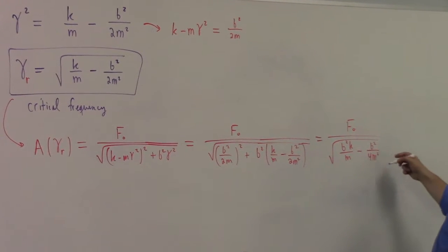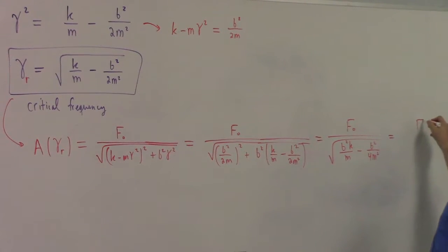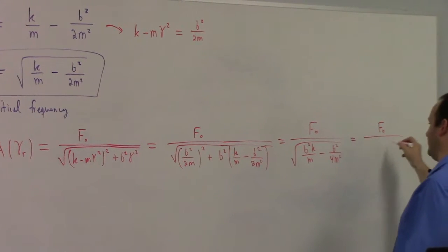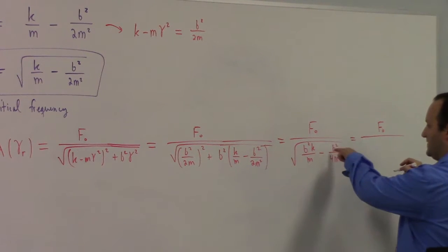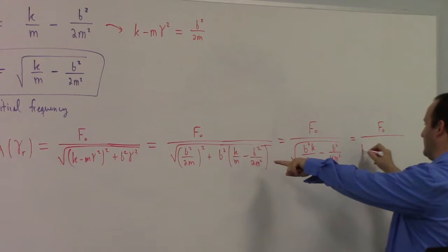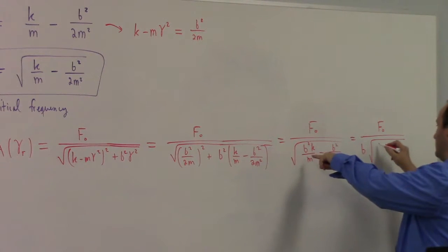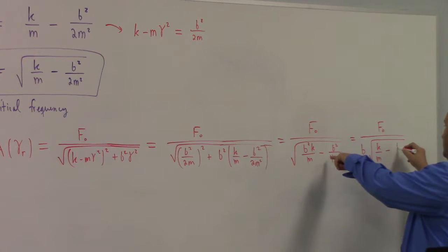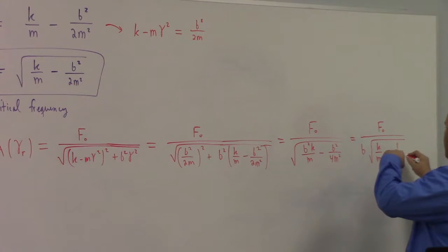And so you can factor the b out here, right? There's a b squared right here and here. So I can factor that out to b times the square root of k over m minus 1 over 4m squared, I suppose.